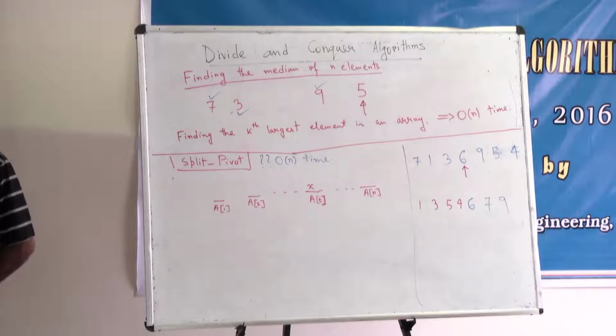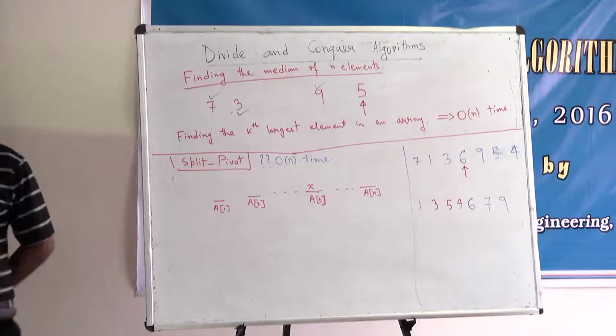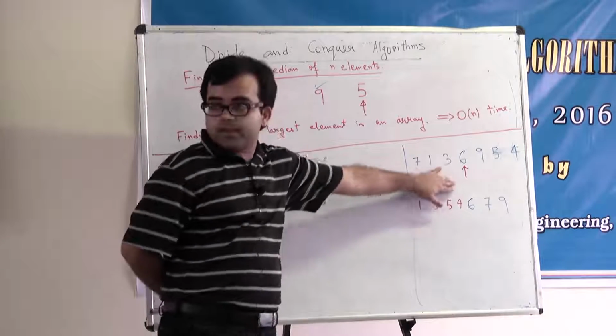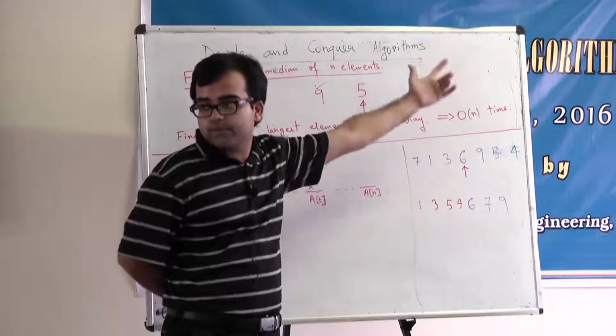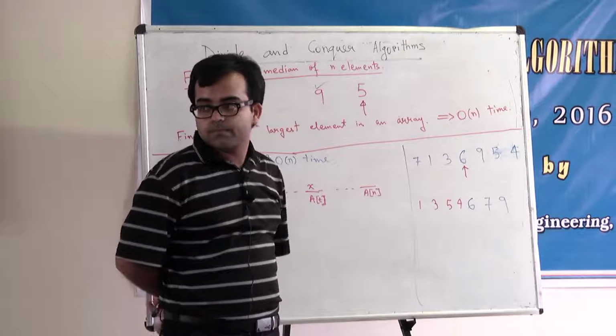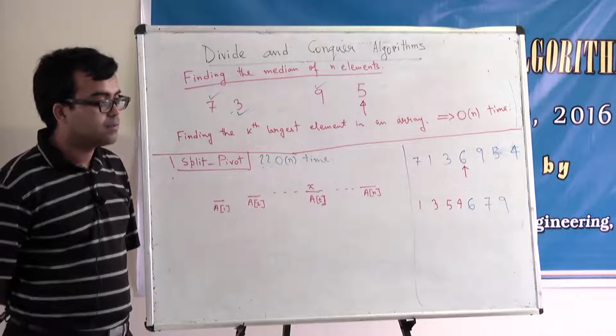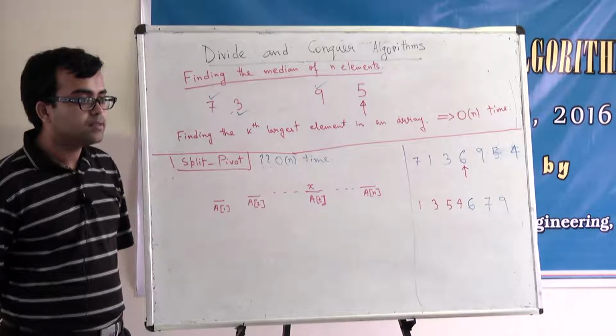Nk. What is k? But k need not be constant, right? Because 6 can be anything. 6 can be the n over 2th element. Right? Yeah, go ahead. Okay. Any suggestion? Anybody? Yeah.